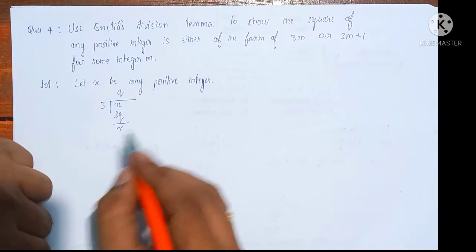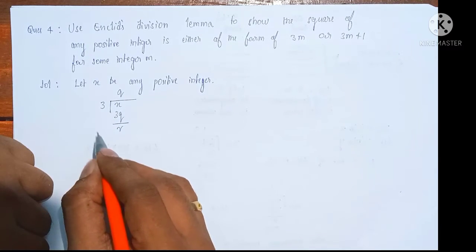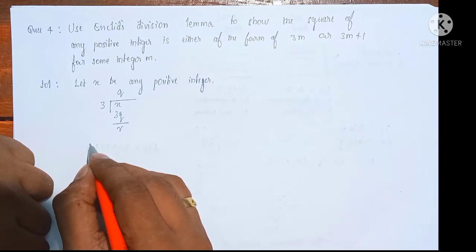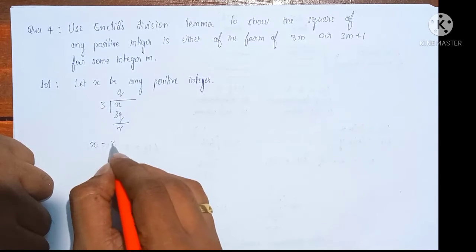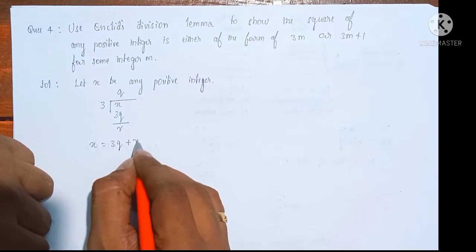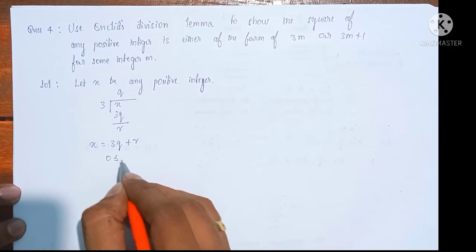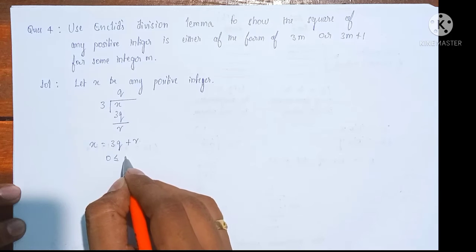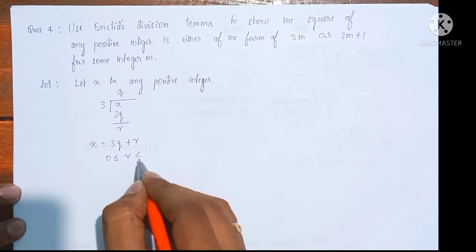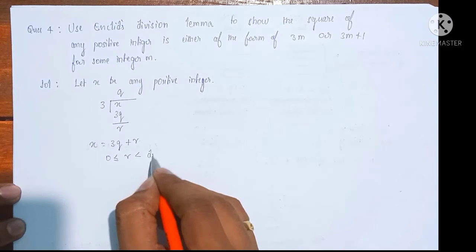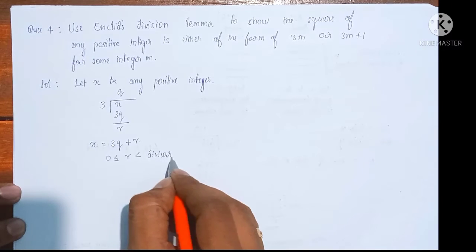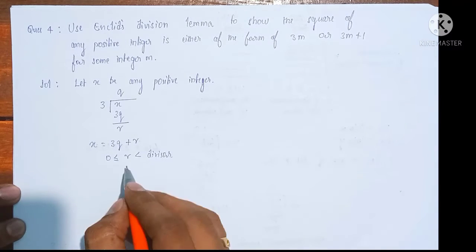As per Euclid's division algorithm, we can write x is equal to 3q plus r. Also the remainder should always be greater than or equal to 0 and less than the divisor.